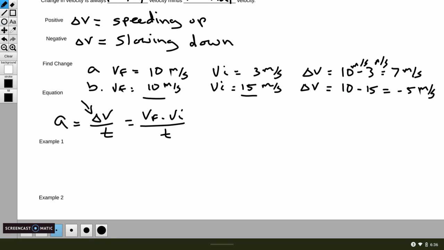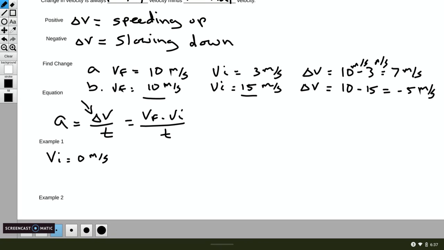So example 1 from your notes page says, a car accelerates from rest to 75 kilometers per hour in 10 seconds. What is the acceleration? Remember, rest means not moving. Rest is your favorite thing because rest means 0, and that's the easiest number. So the initial velocity is 0.